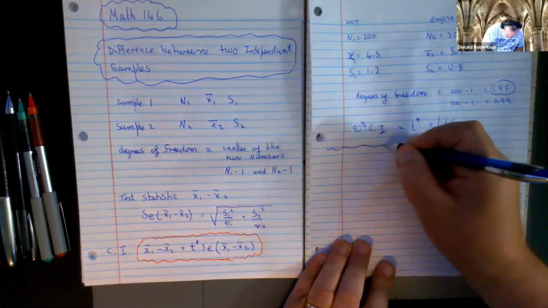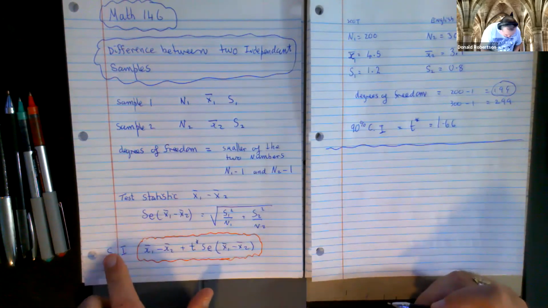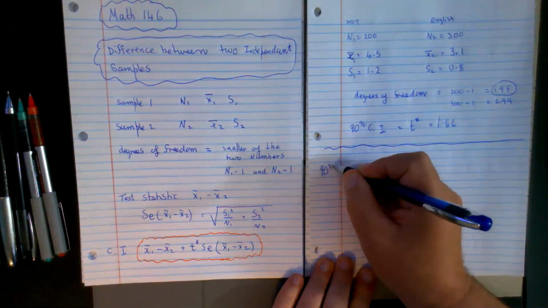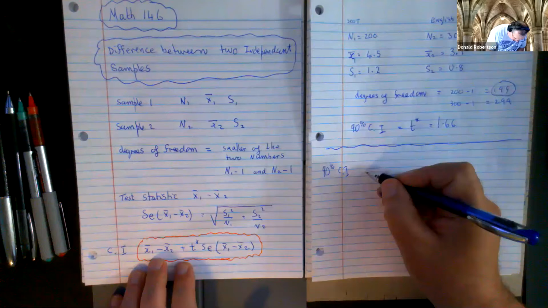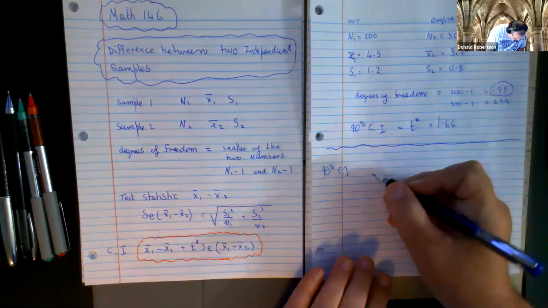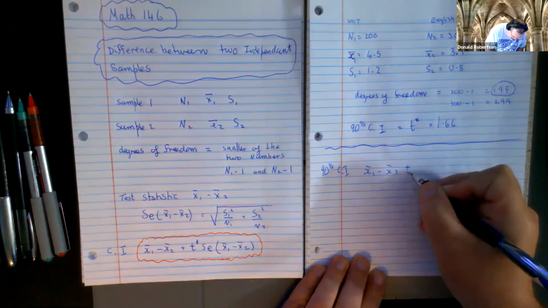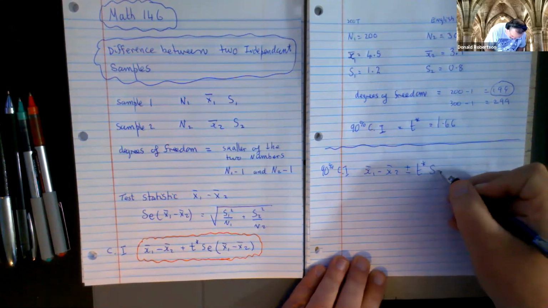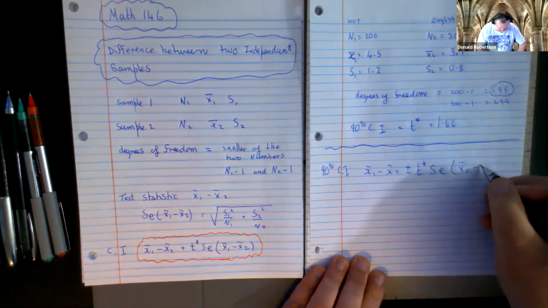And it's time to put the package together. If you want to get a 90% confidence interval, it's x1 bar take away x2 bar, plus or minus the magic t-score times the standard error of x1 bar take away x2 bar.